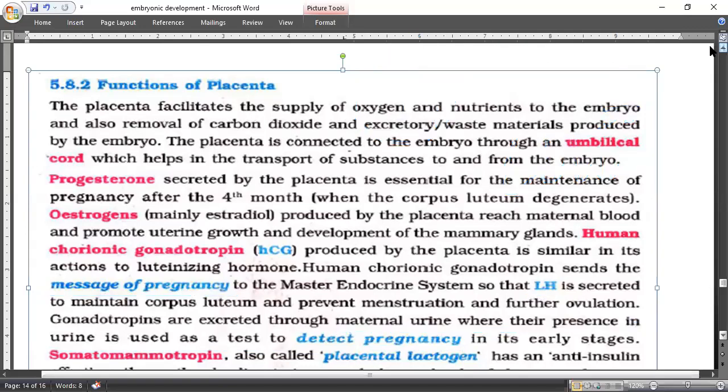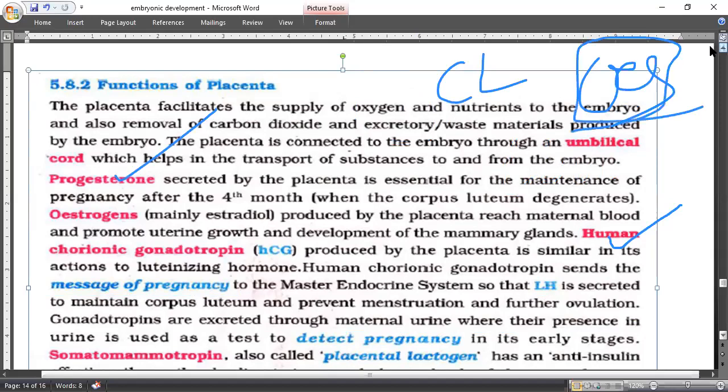Placenta is formed means human chorionic gonadotropin is formed. We can't rely on progesterone, because progesterone is produced not only by the placenta; the corpus luteum can do this activity. We can't say estrogen either. Estrogen will be there whether she is pregnant or not, because estrogen is released by theca interna.